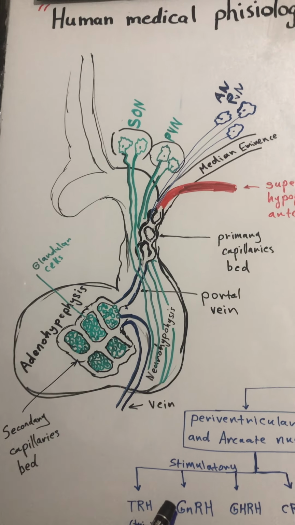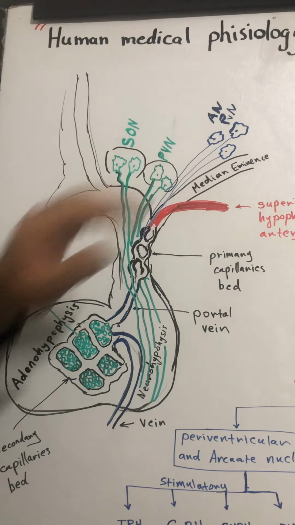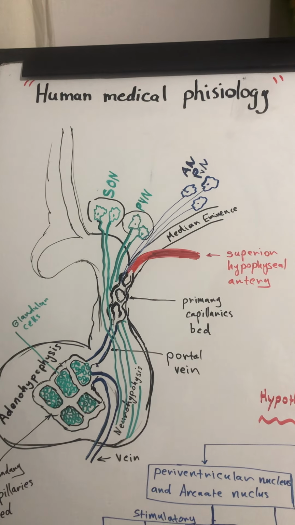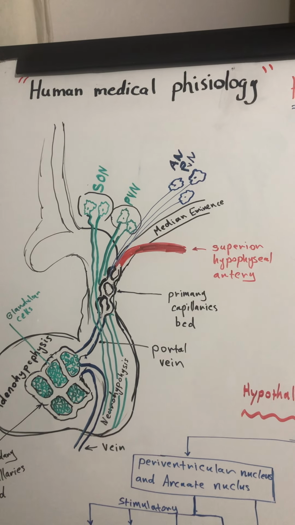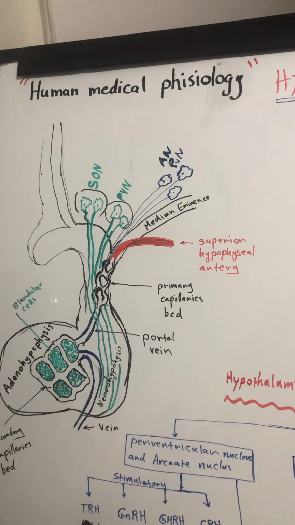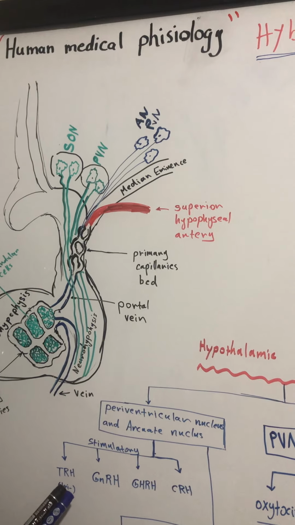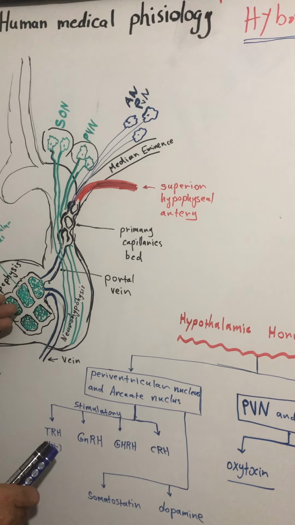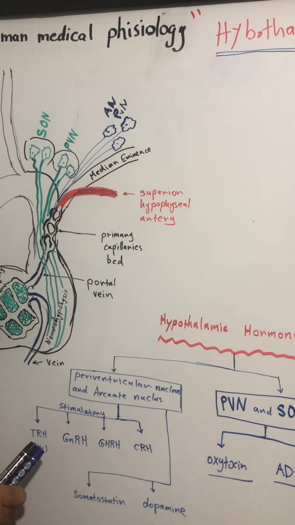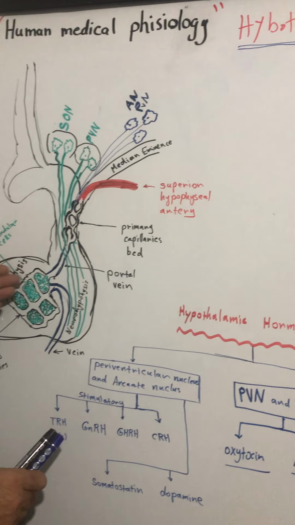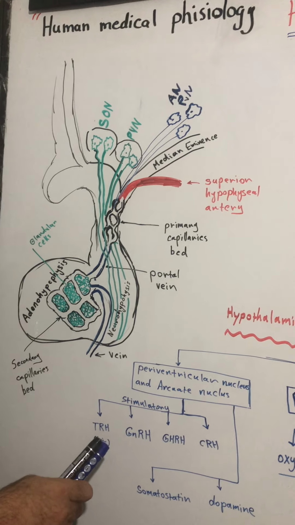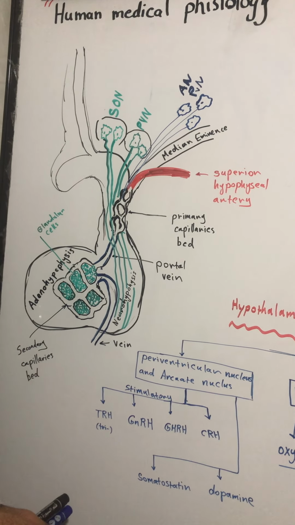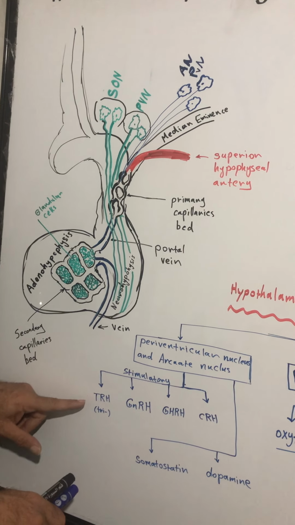Now, the hormones of the anterior nucleus, of arcuate nucleus and periventricular nucleus of the hypothalamus, which are small neurons that release neurohormones which have tropic effect, in other words, stimulatory or inhibitory effect on the glandular cells of the anterior pituitary gland. These hormones are small peptides hormones which include the TRH.